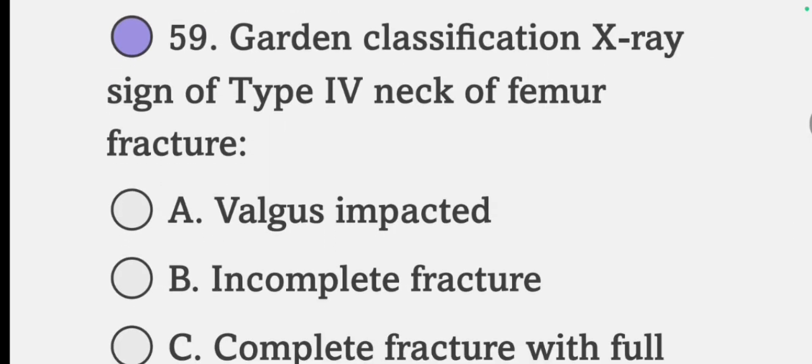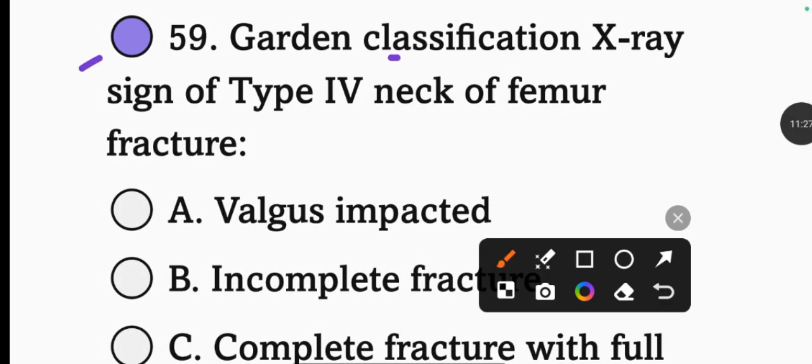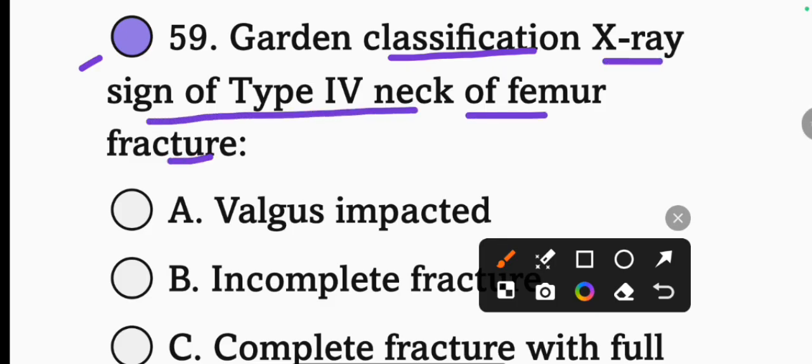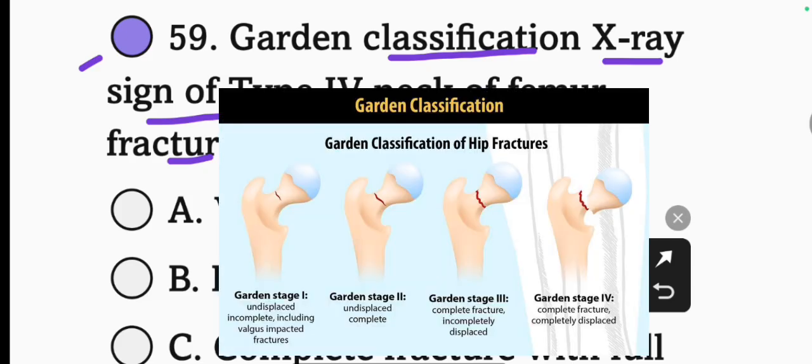Now come to 59, a very important question. Garden classification X-ray sign of type 4 neck of femur fracture. Garden classification is very important in neck of femur fractures. There are four types of Garden classification.